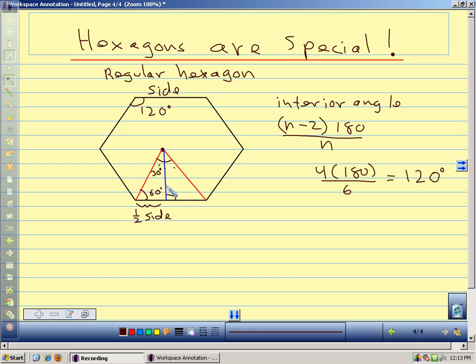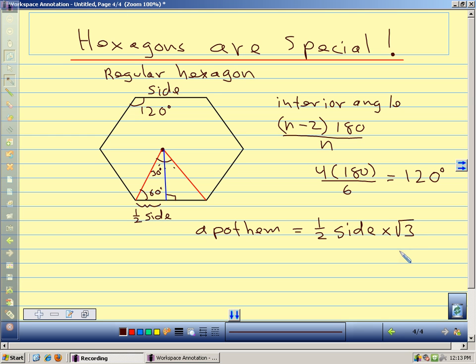This, the apothem, is that the short side, the long side, or the hypotenuse? Long side. How do I go from the short side to the long side? Multiply by square root of 3. Very nice. So the apothem of a regular polygon equals 1/2 the side times the square root of 3.